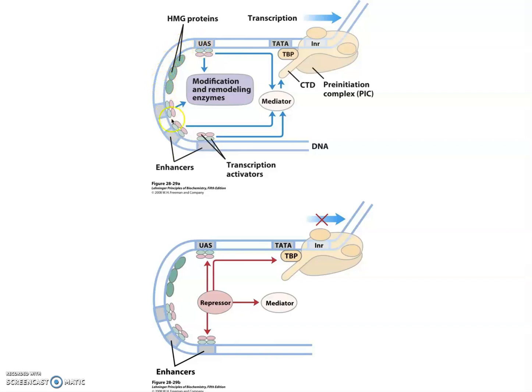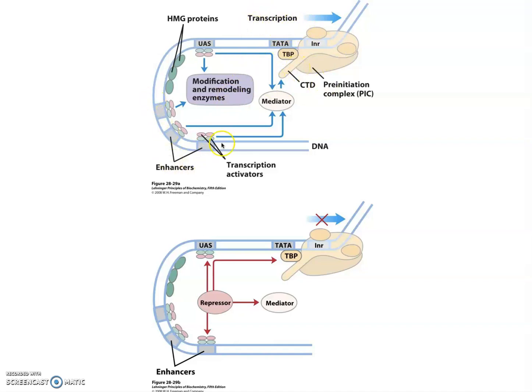Here it's shown as a small loop, but this loop could be tens of thousands of bases. You have to consider this spatially, in terms of how DNA is folded and where those sequences are localized with respect to the beginning of the gene or the promoter.